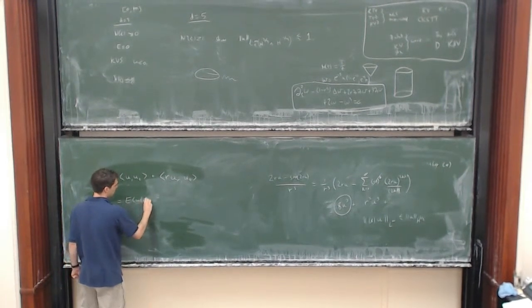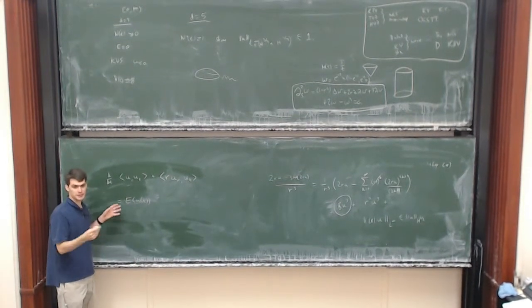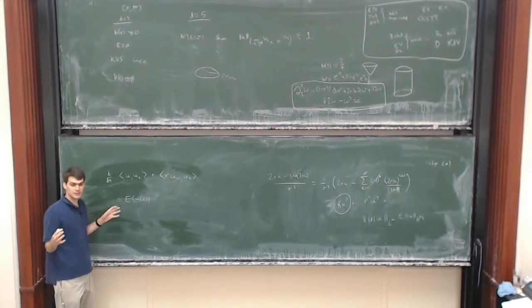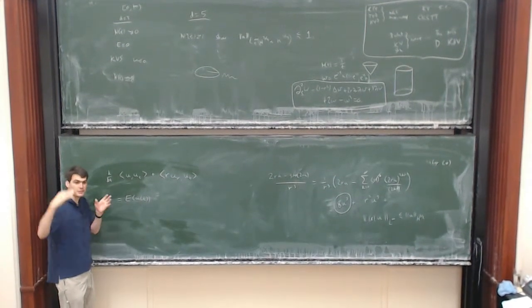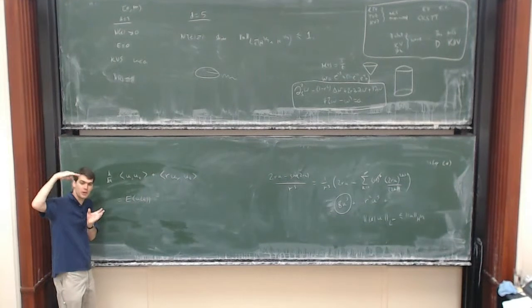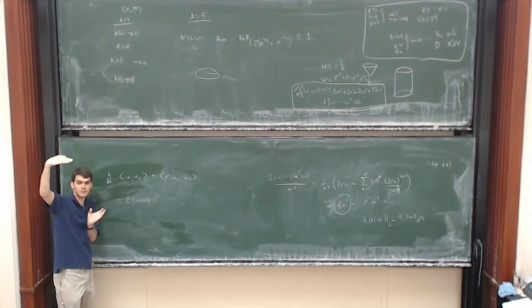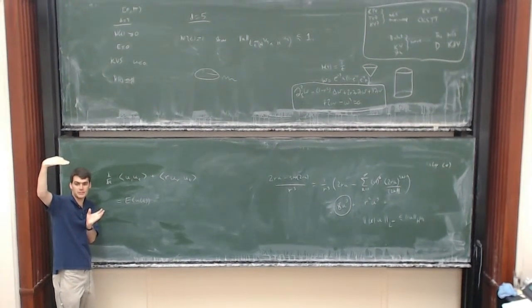Now you have to truncate in space, of course, but that's very easy, because you can go not only up to H1 but a little bit above H1, as long as you don't go all the way to H to the 3 halves.